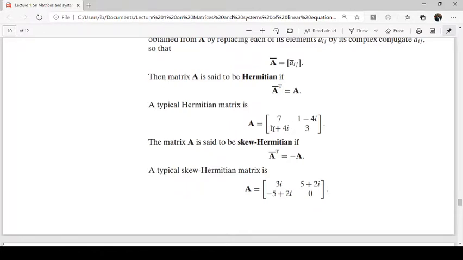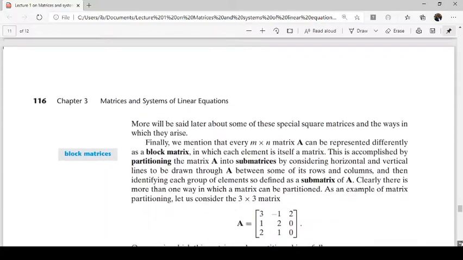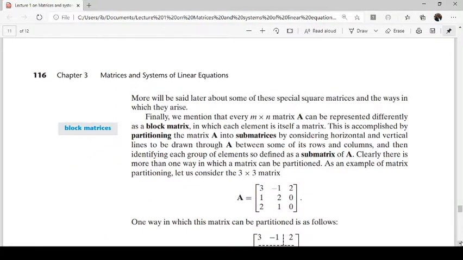This is a Hermitian matrix. This is a skew Hermitian matrix, which means the transpose of the conjugate of this matrix A gives you minus A. Try that, and you will see that these are examples of Hermitian matrices.